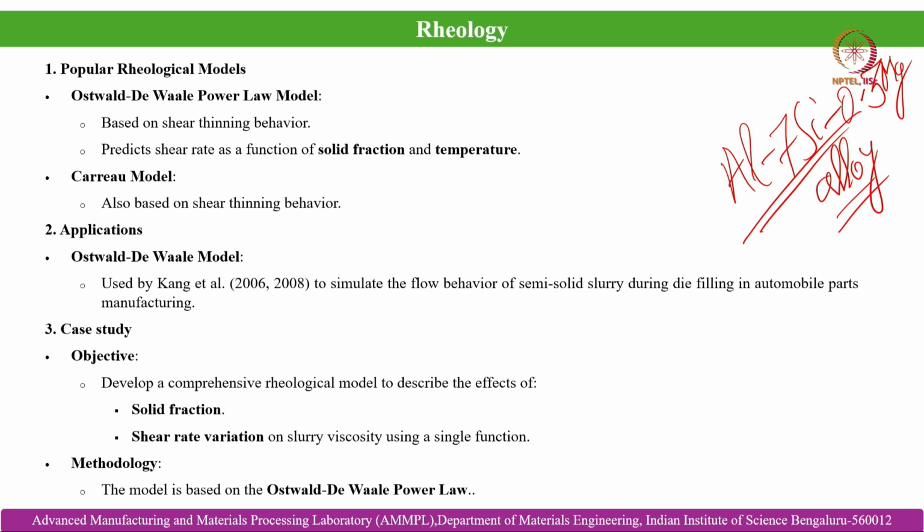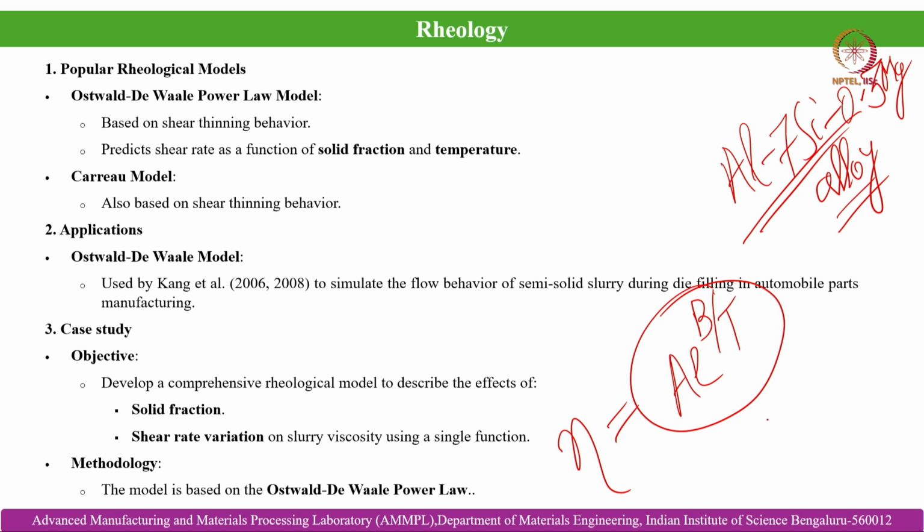In case of the Ostwald-de Waele power law model, it predicts viscosity as a function of solid fraction and temperature, and the Carreau model is also based on shear thinning behavior. As I told you, we have taken the Ostwald-de Waele power law model, and also we have combined it with the Arrhenius model, from where we can write A is equal to B by T. So, this is basically the expression for the viscosity in case of the Arrhenius model.